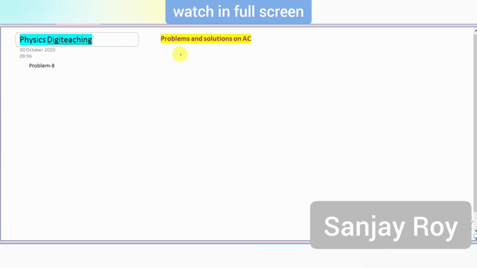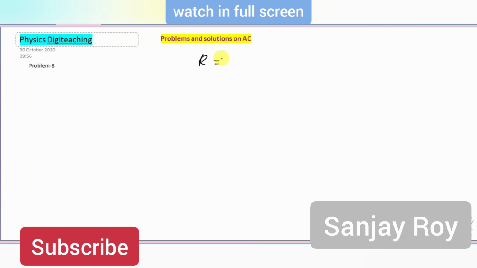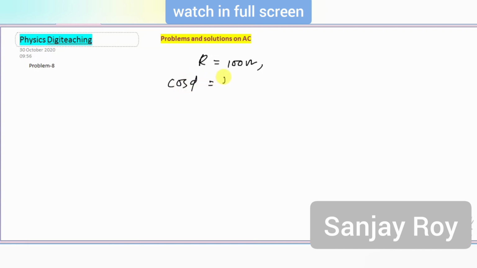The value of resistance R equals 100 ohm, and the power factor of the series RL circuit is half. Therefore we get the phase difference between current and voltage as 60 degree.